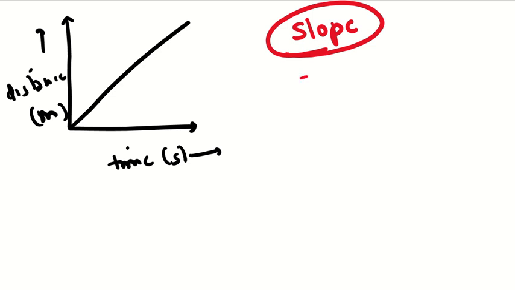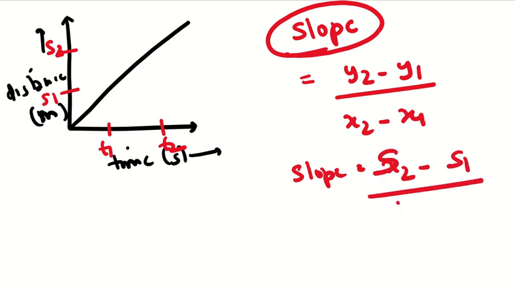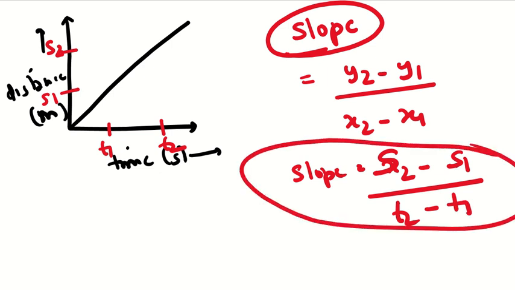Slope is basically y2 minus y1 divided by x2 minus x1. If the times are t1, t2 and the distances are s1 and s2, the slope here is s2 minus s1 divided by t2 minus t1. That is the change in distance divided by the change in time.